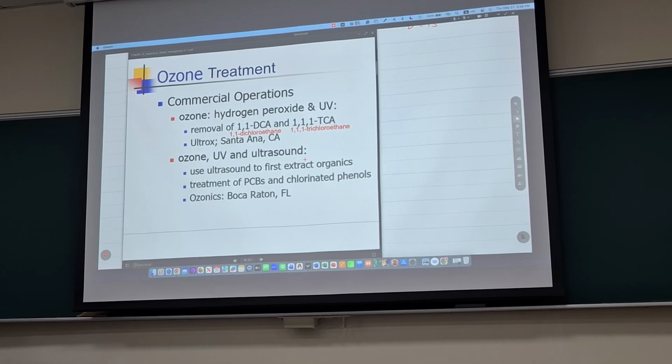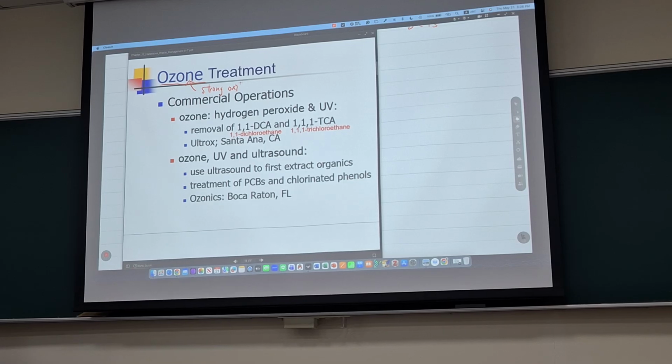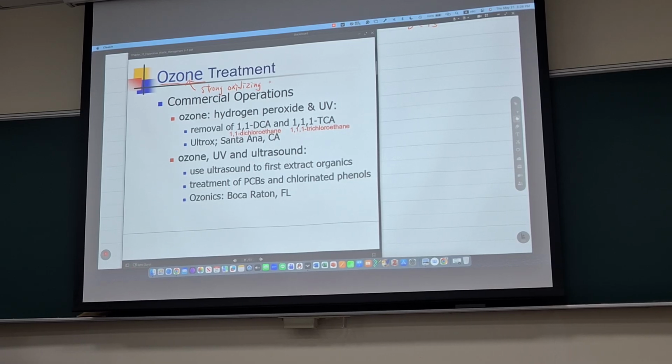Students, you might also use ozone for treatment, because we know ozone is a very strong oxidizing agent.